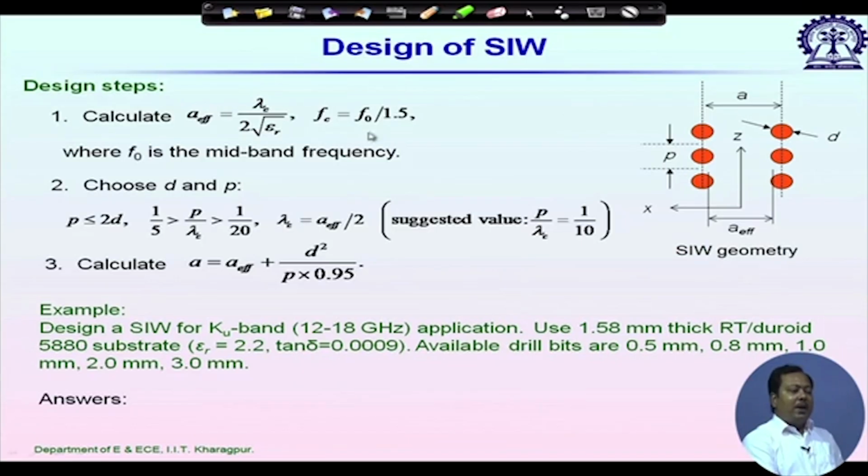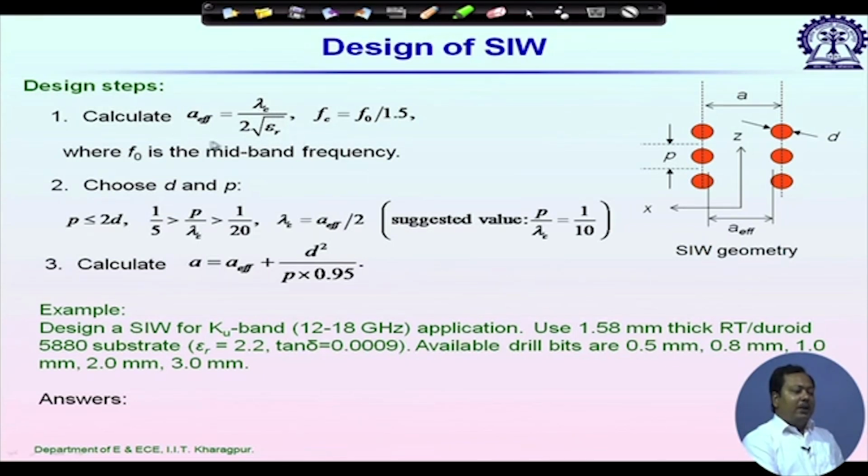So, if your mid band frequency is f naught, in that case we can choose the fc value, that is equal to f naught by 1.5. Once you have fc, you can calculate A effective. So, A effective is approximately equal to lambda c by 2 square root of epsilon r.